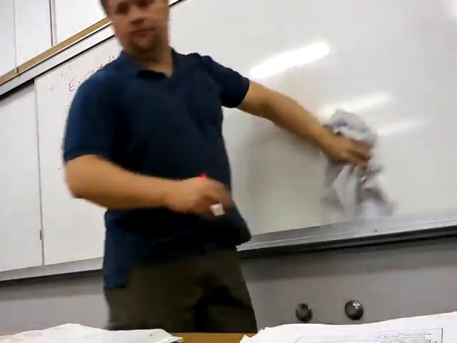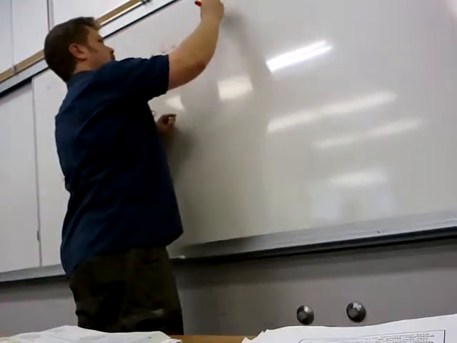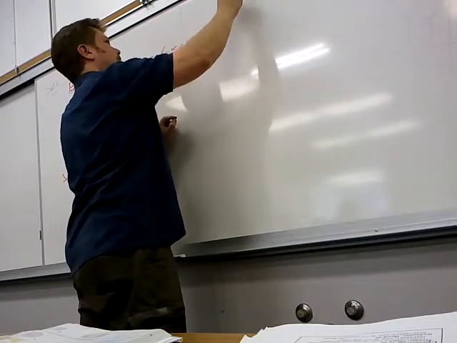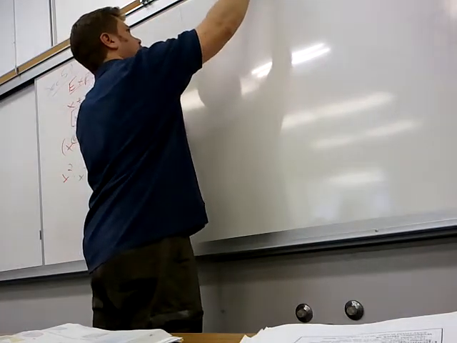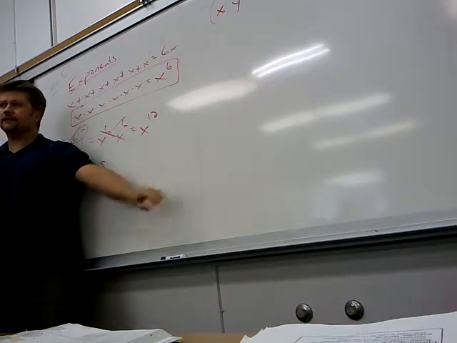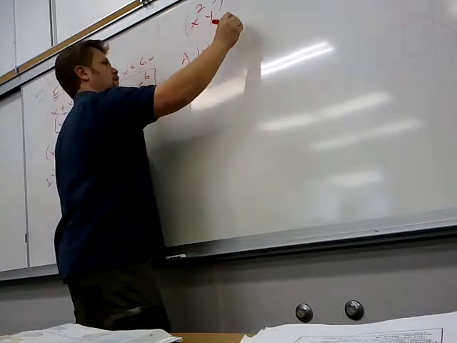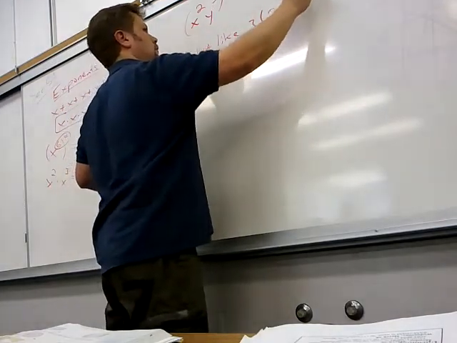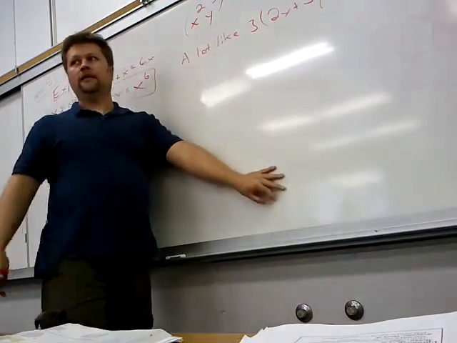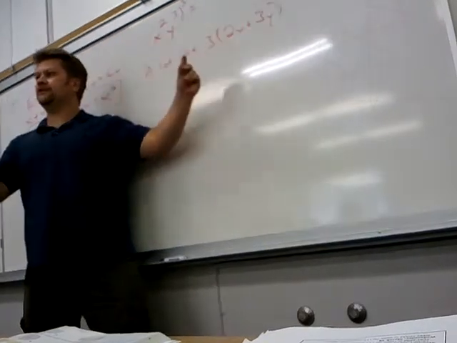So real quick, just a rundown of some of these other things. What about this here? Now this is a lot like, believe it or not, because remember, what are coefficients based on?